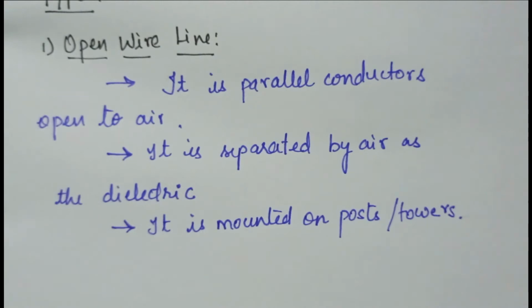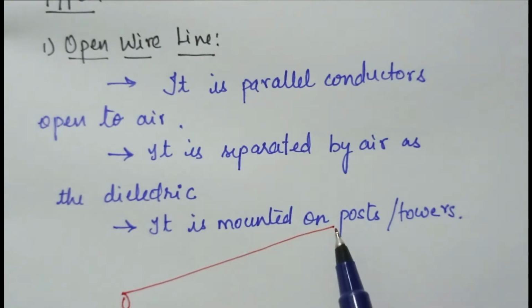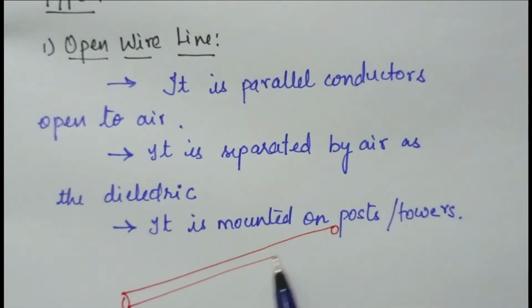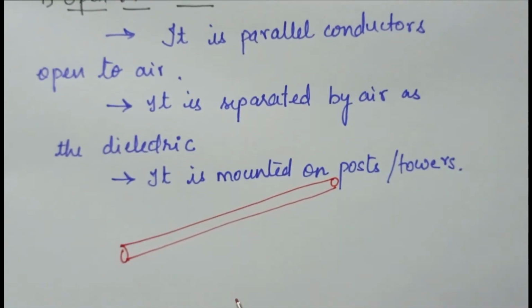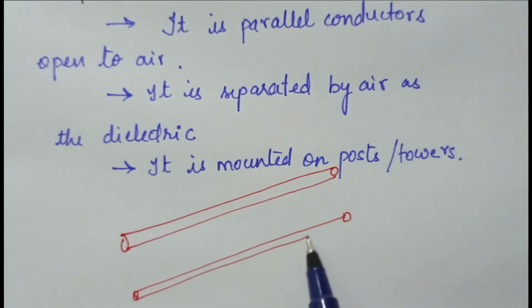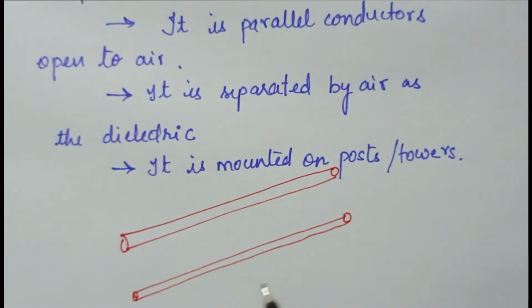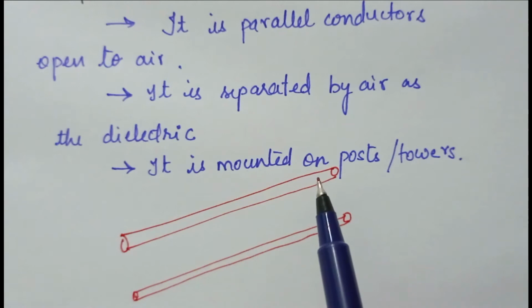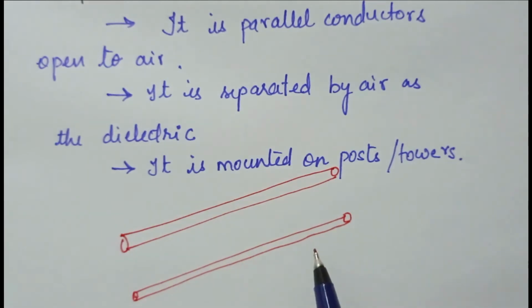We have seen it looks like this. It has two conductors. This is conductor 1, conductor 2.